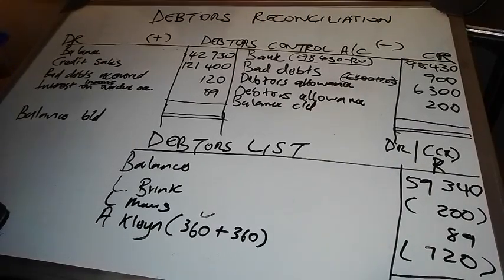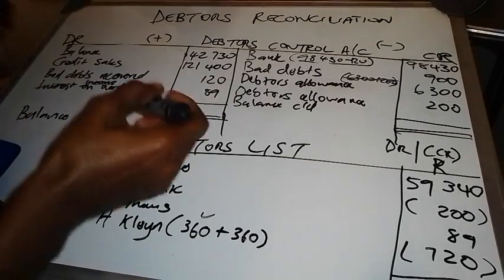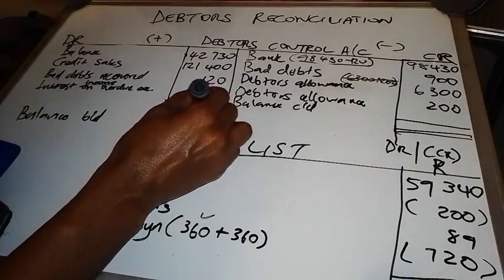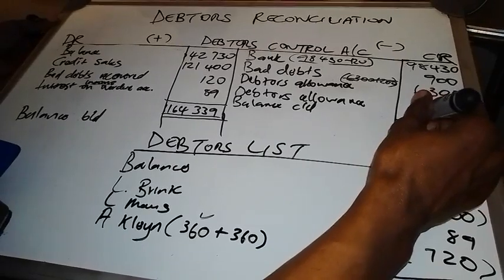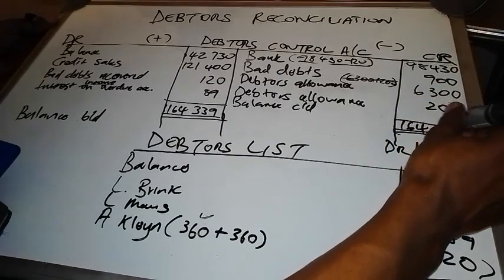Now let's calculate. We need to calculate how much do we have. So we're going to add all the items on the debit side and all the items on the credit side. Then we are going to take the one with the bigger total. We're going to write it on both sides.